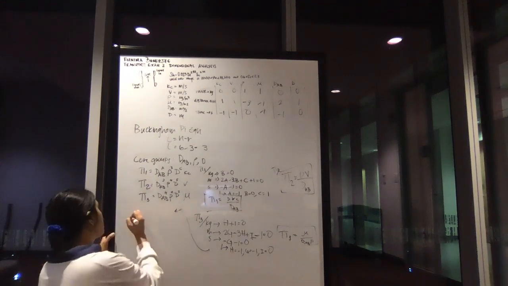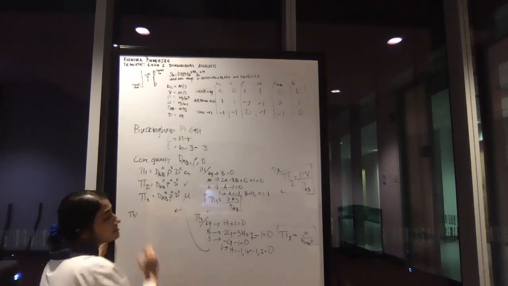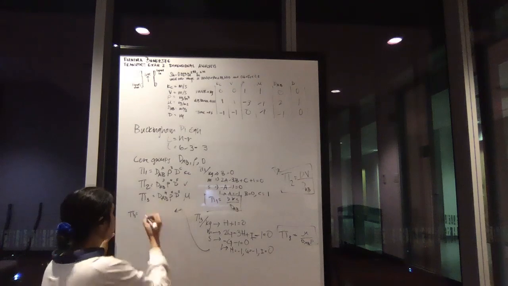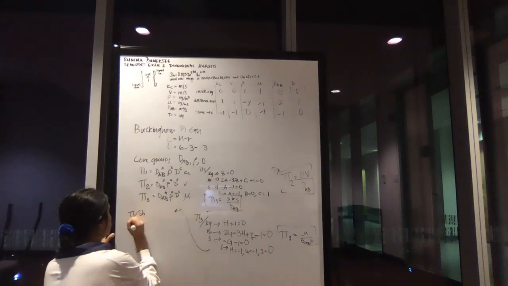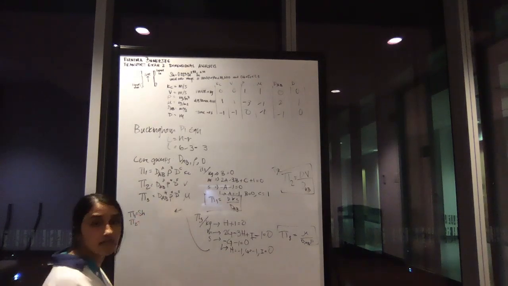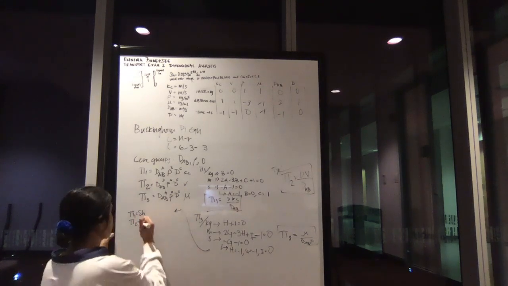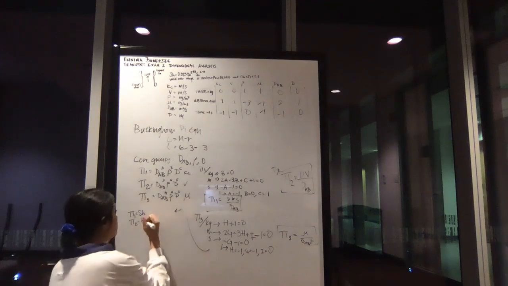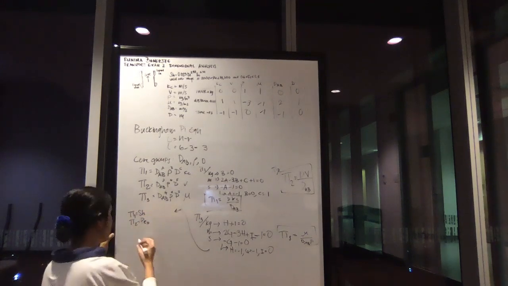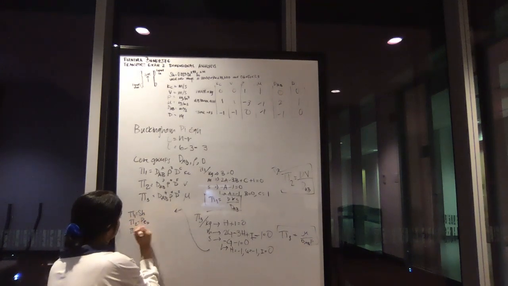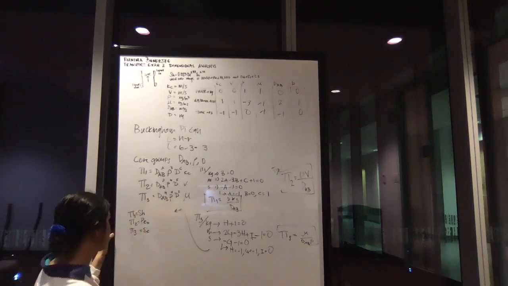By definition, pi 1 is equal to the Sherwood number. Pi 2 is equal to what I think is called the Peclet number, Pe, and then pi 3 is the Schmidt number.